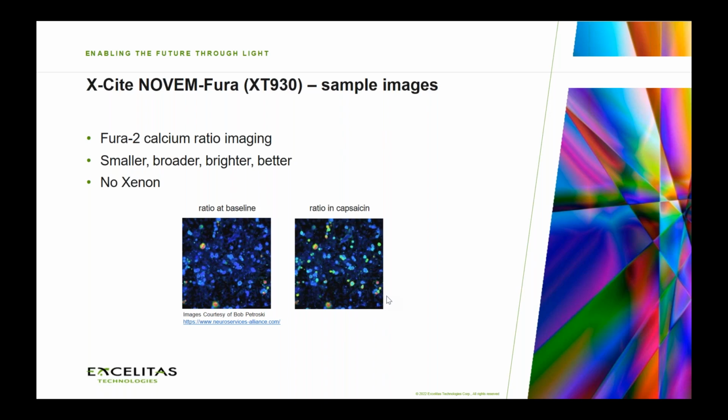And that's your ratiometric imaging that's used in Fura. And then you can see the difference that was caused between baseline before the calcium and then after the calcium. So basically, again, you don't have to use big bulky xenon for this, you now have an LED option along with a whole bunch of other LEDs within the same unit.